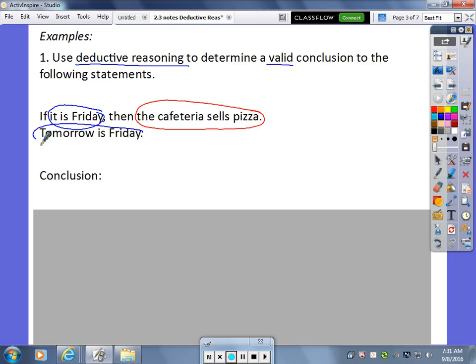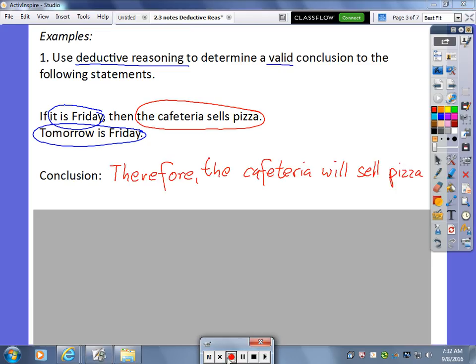Tomorrow is Friday. The valid conclusion from this argument is, therefore, the cafeteria will sell pizza tomorrow.